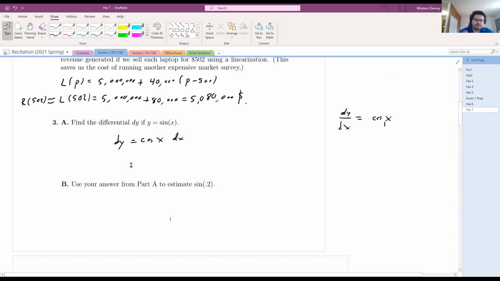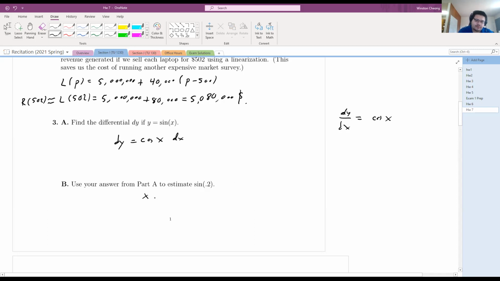But yeah, hopefully this part makes sense. You're just taking a derivative and you get this expression. Then we use it to estimate sine of 0.2. So the nice value that we would be thinking about is sine of 0. 0 is an easy number to work with.